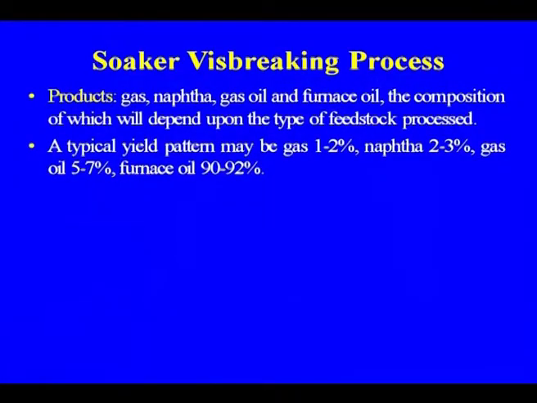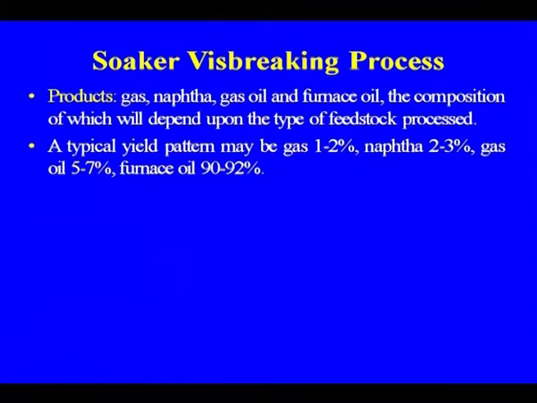These are the Visbreaking conditions, again that will vary with the type of feedstock you are processing. This is the temperature with the soaking drum, if you are using it. In the soaker Visbreaking process, the products which we are getting are gas, naphtha, gas oil and furnace oil.